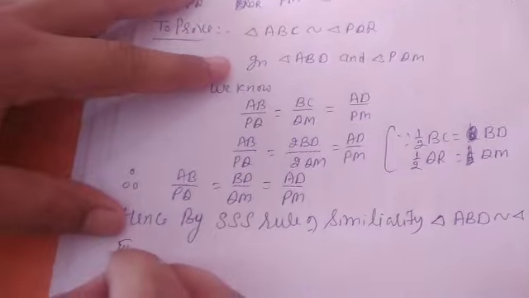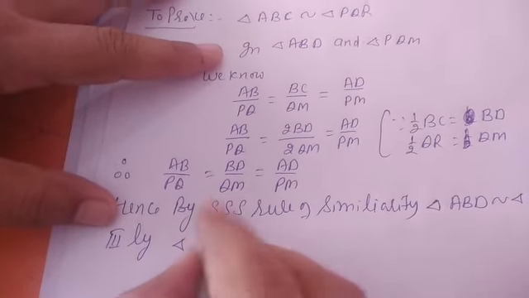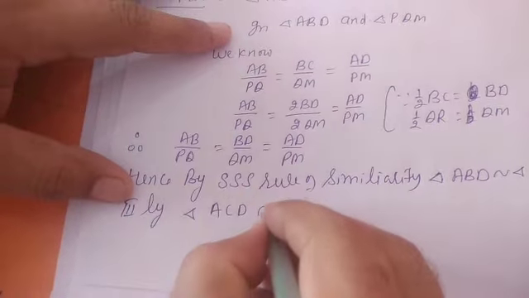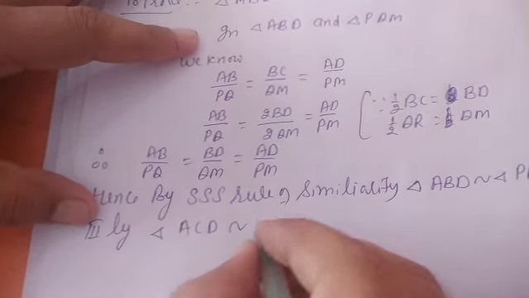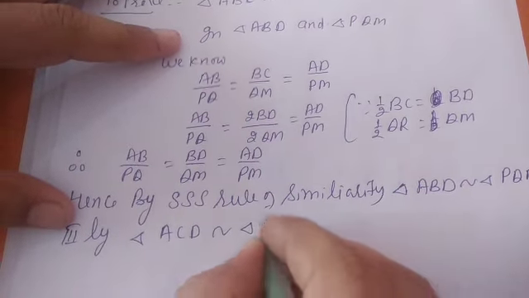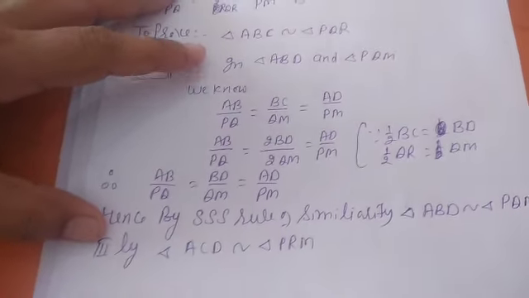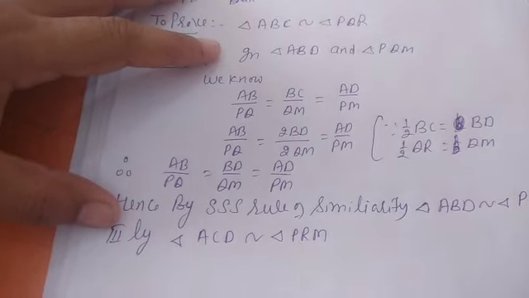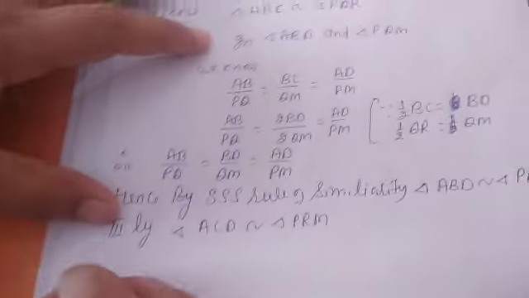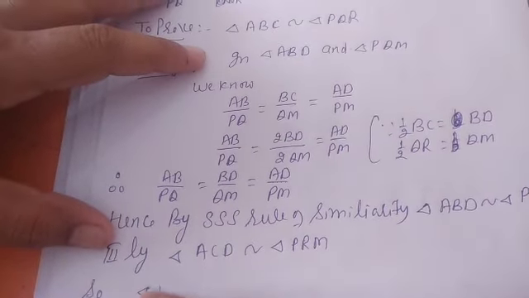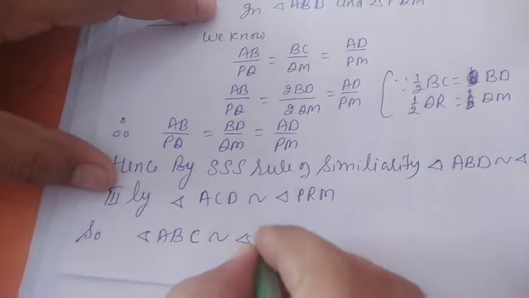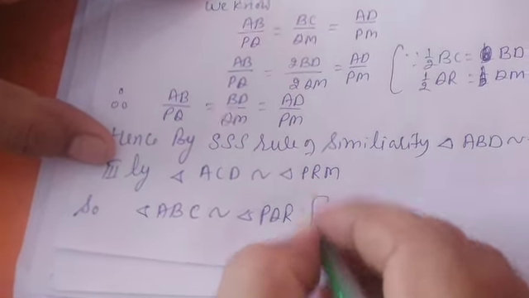Similarly, triangle ACD is similar to triangle PRM. By the same reason we have used, we show triangle ABC is similar to triangle PQR.